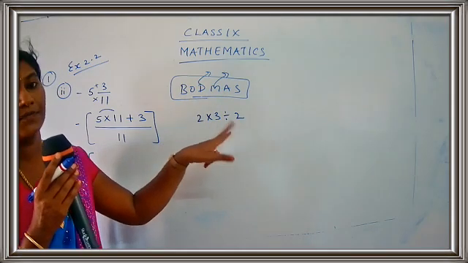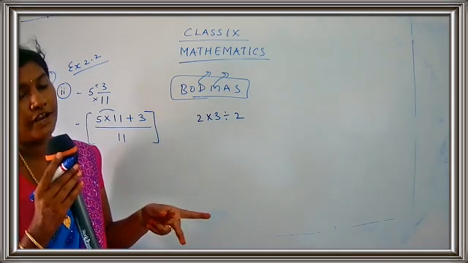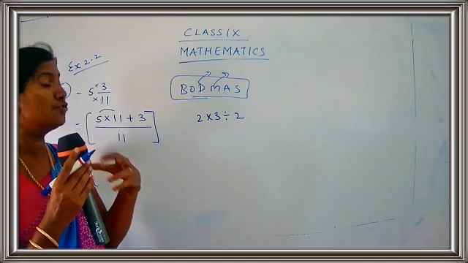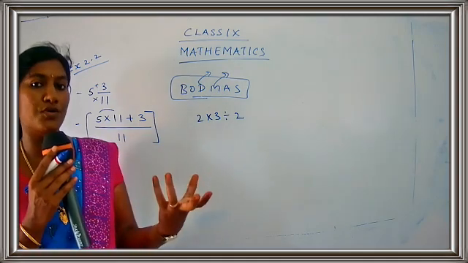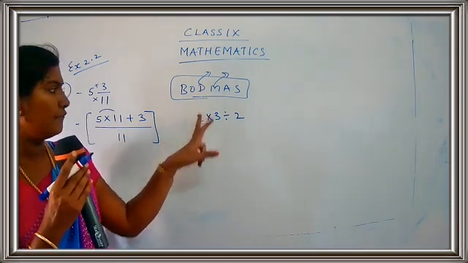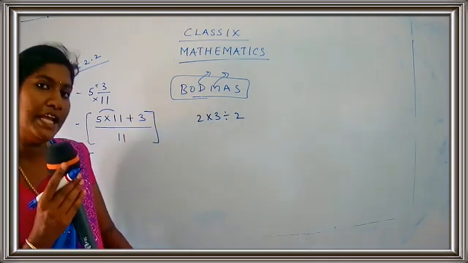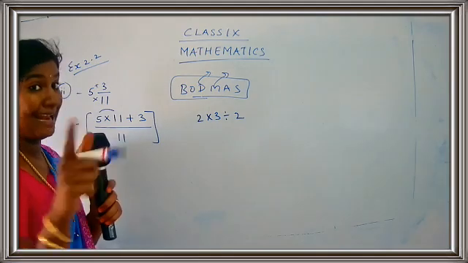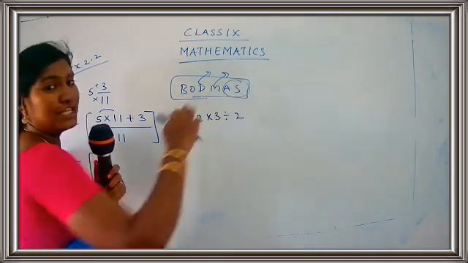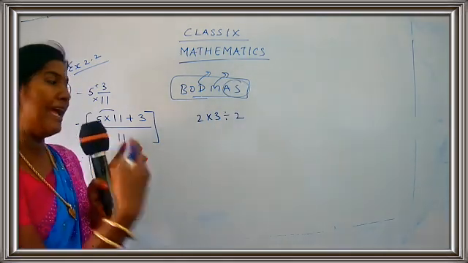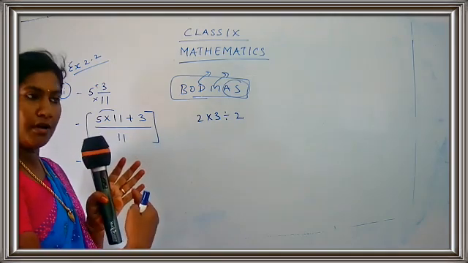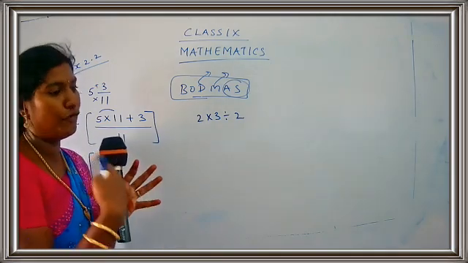So they are friends. Division and multiplication are friends. So they are equal. You cannot just choose which one is the best over here. First come, first served. If division comes first, go for division. If multiplication comes first, go for multiplication. And in the same way, addition and subtraction are friends. So they are equal. If addition comes first, you have to go for addition.